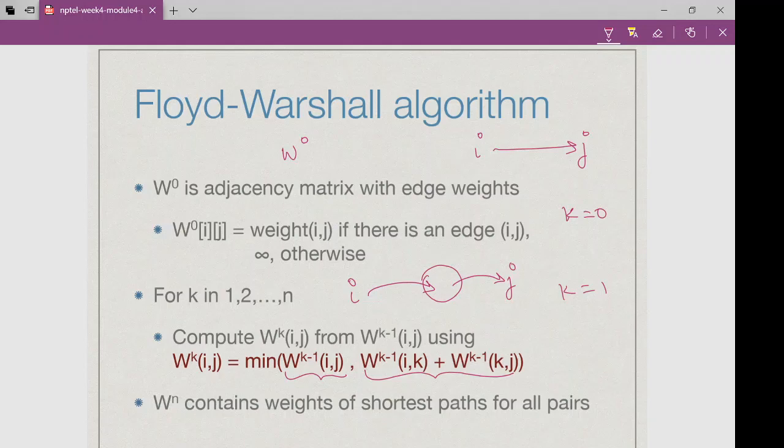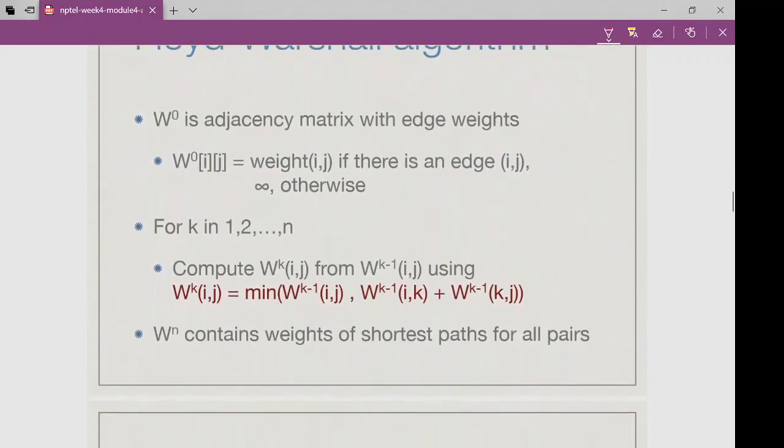We select the minimum of these two, and accordingly we move forward. In the end, after k becomes n, Wn contains the weight of the shortest path for all the pairs of vertices. So let's see how it will work.